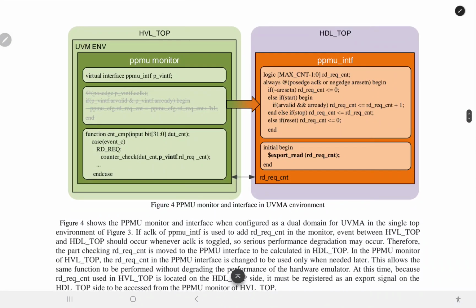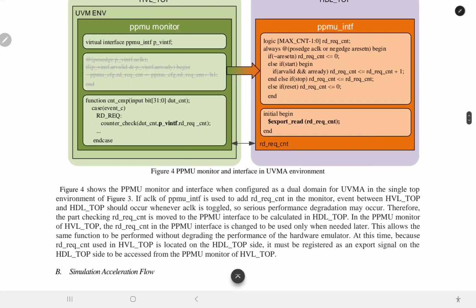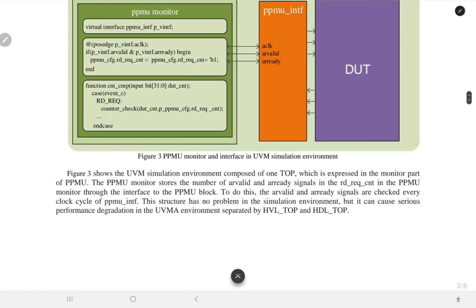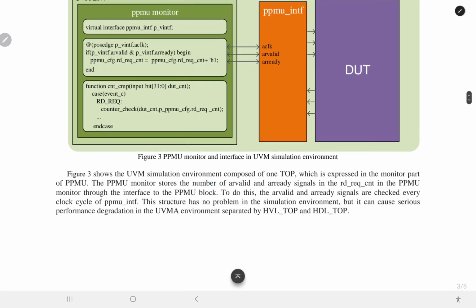Figure 4, PPMU monitor and interface in UVMA environment: top, HVL top and HDL top. Figure 4 shows the PPMU monitor and interface when configured as dual domain for UVMA in the single top environment in Figure 3.